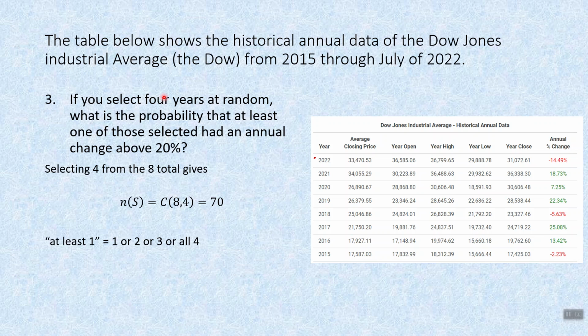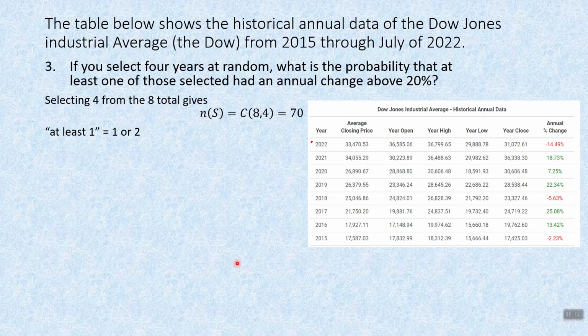At least one. I'm selecting 4. At least one means it could be 1 or 2 or 3 or all 4 of them. Until we look over here and we see that there's only 2 above 20%. So we only have 2 alternatives to consider, not 1 or 2 or 3 or 4. So at least one will be 1 or 2. Let's use the decision algorithm.